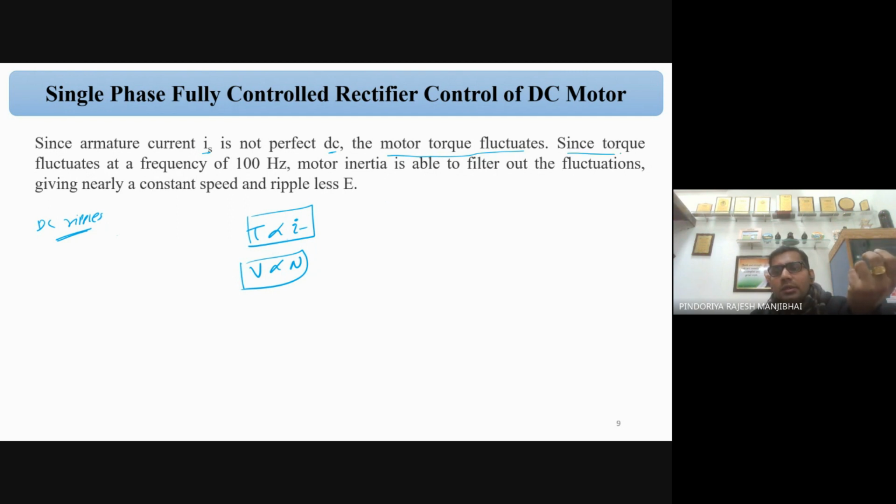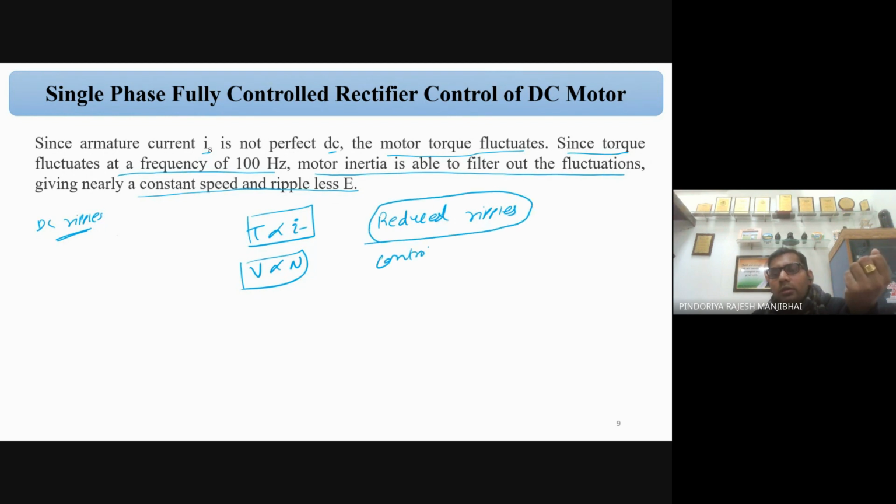The torque fluctuates at a frequency of 100 hertz, and this frequency depends on your controller. The motor inertia is able to filter out the fluctuation, giving near constant speed and ripple-less operation. So ultimately the target is to reduce the ripple. How can we reduce the ripple? By controlling the firing pulses.